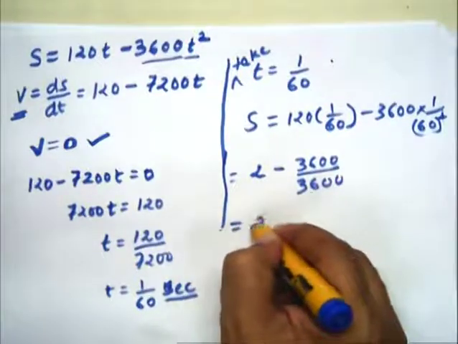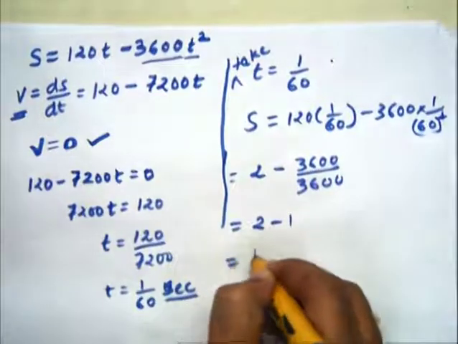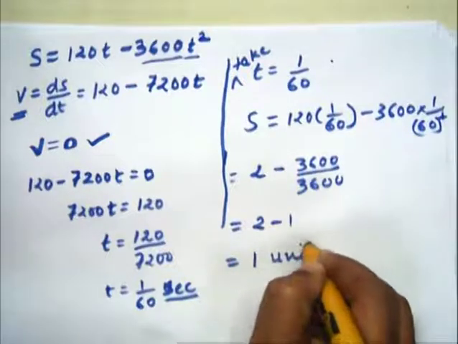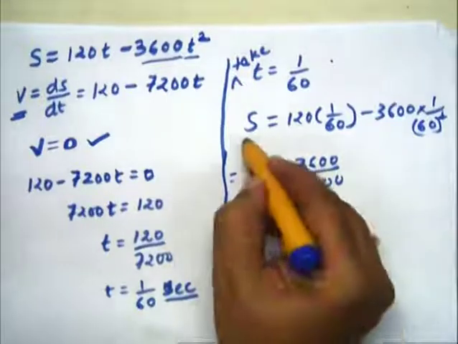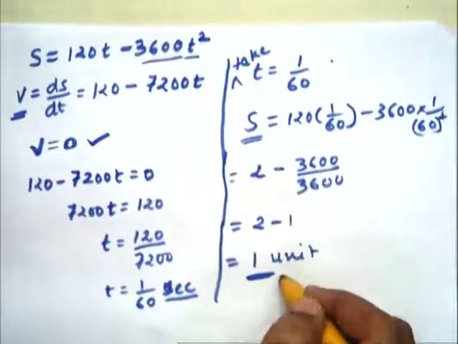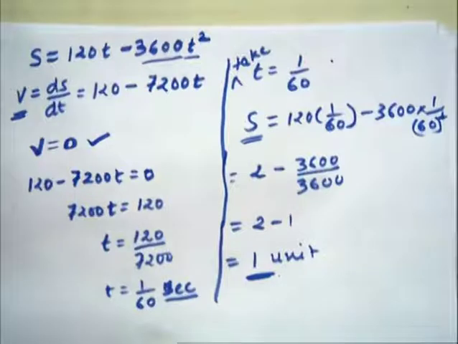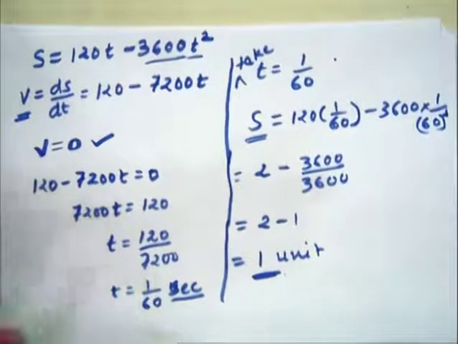So it is 2 minus 1, so it is 1 unit. So the value of s at t equal to 1 by 60 is 1 unit. It means it has covered 1 unit of distance, whether it is meter or kilometer, it depends.